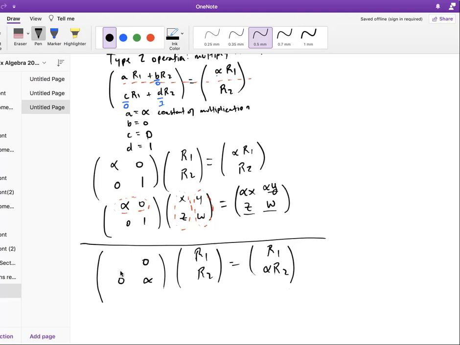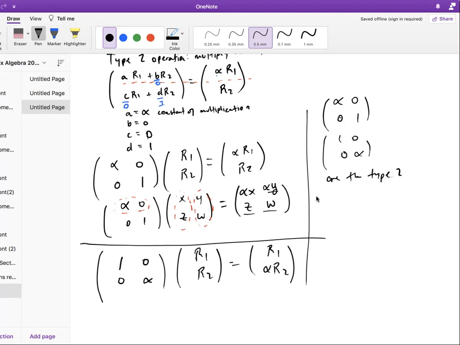Yeah, so it's going to be 1. Good. So those are the type 2 operations. So alpha 0, 0, 1 and 1, 0, 0 alpha are the type 2 operations.